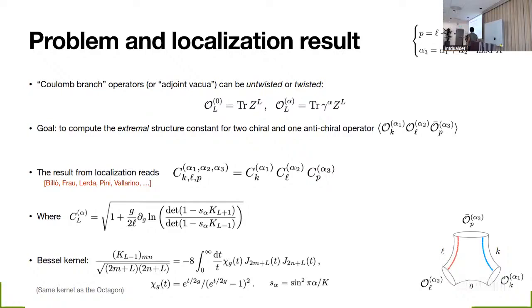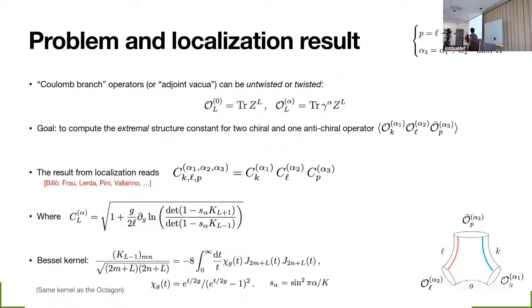And so the operators that I consider are these single trace operators, which are made of these, and you can have an untwisted or twisted operator with some index alpha, which goes from 1 to k minus 1.